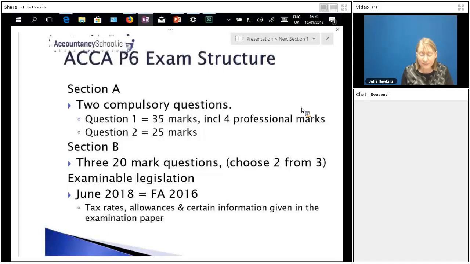Now, section B has 3 20-mark questions and you have to do 2 out of the 3. Usually in section B, the questions are more structured and they're usually on 1 or 2 areas. Sometimes though, the examiner splits the 20-mark question into part A and B, and A might be an income tax scenario while B might be a CT scenario.